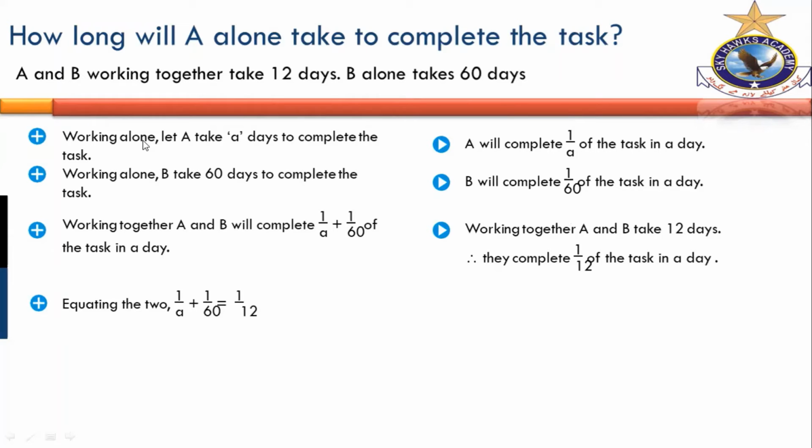We are reaching these expressions, and then the most important step is that we must have equations from all these arguments. These are the statements, the mathematical expressions, and we are making an equation. This equation is 1 over a, 1 over 60, and 1 over 12.